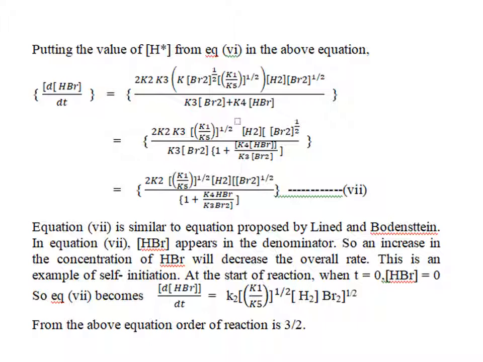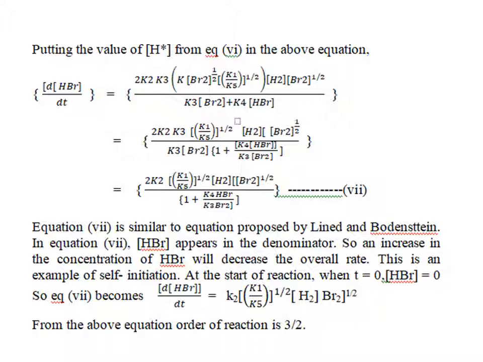This is equation number 7. Now equation 7 is similar to the equation proposed by Lind and Bodenstein. In equation 7, HBr appears in the denominator, so an increase in the concentration of HBr will decrease the overall rate. This is an example of self-inhibition.